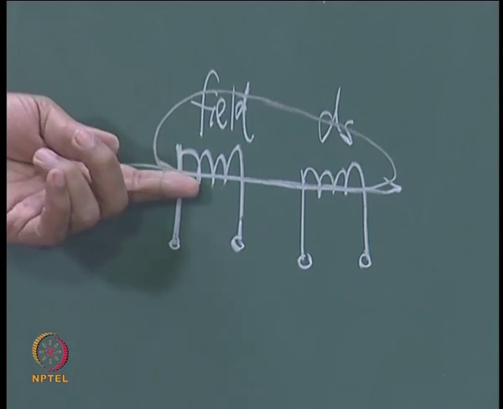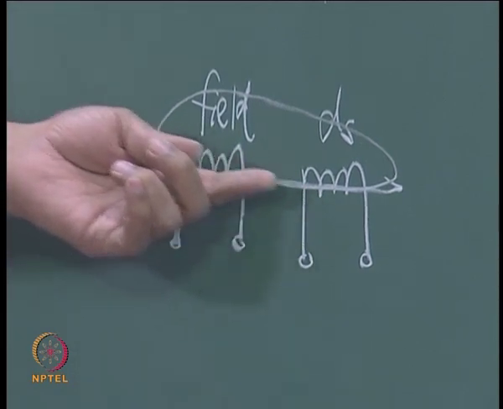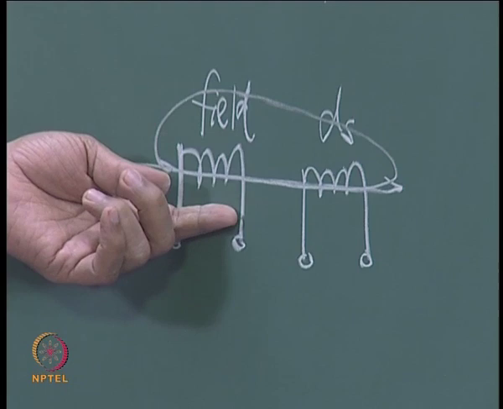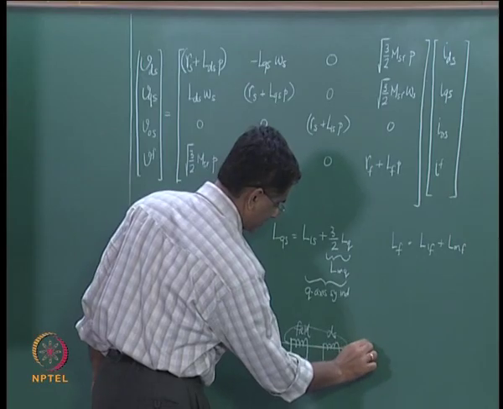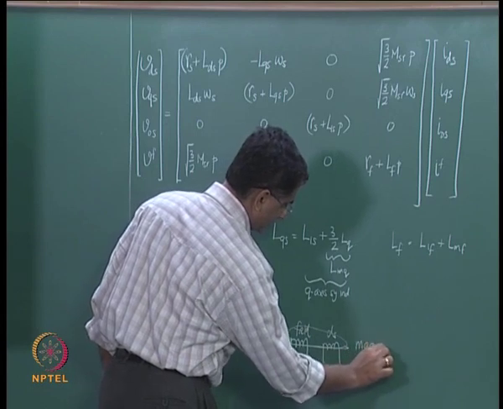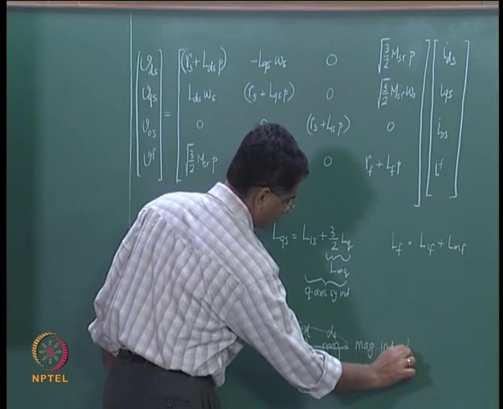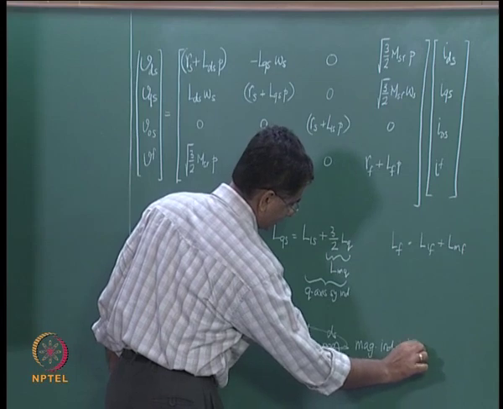we assume that the flux that is linking the field links the ds coil also, and if you now multiply the mutual inductance by the ratio of number of turns, what you get is the magnetizing inductance along the d axis, which is the same as LMD.